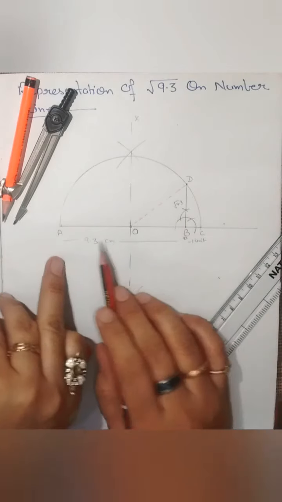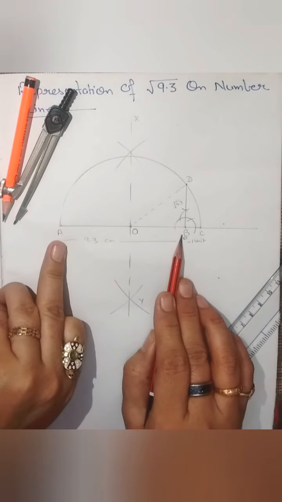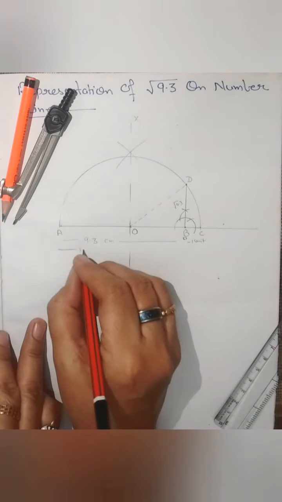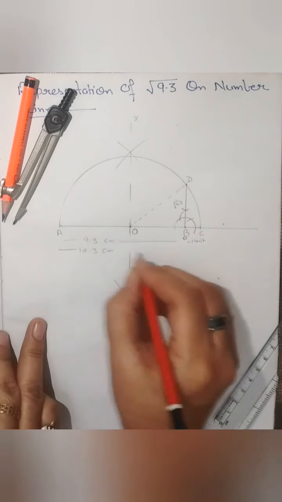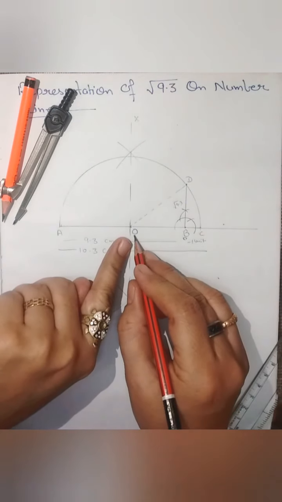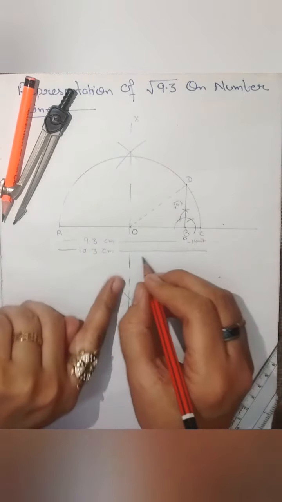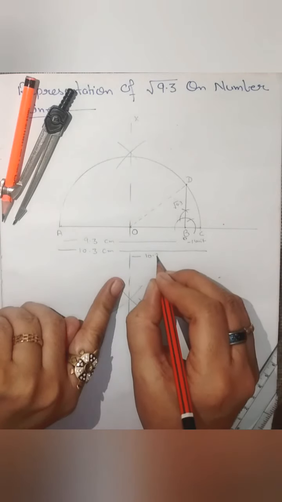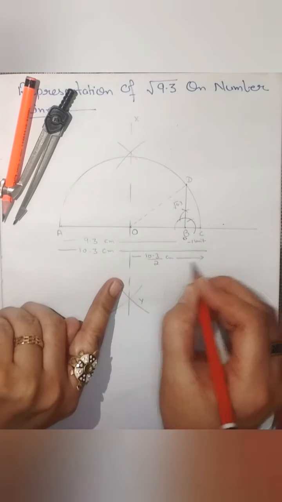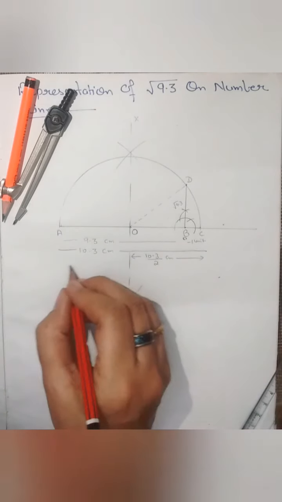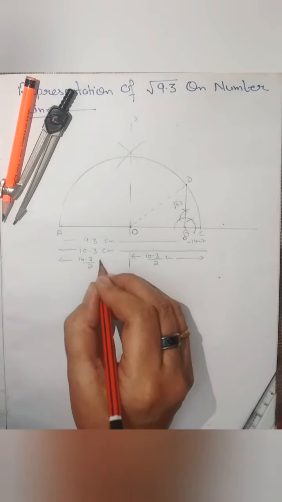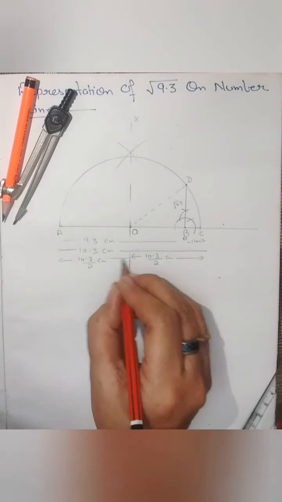As you can see, this total is 9.3. This is 1 unit, AC. AC will be equal to 10.3 centimeter. Now as O is the midpoint of AC, it means OC will be equal to 10.3 upon 2 centimeter. Same way OA will also be equal to 10.3 upon 2 centimeter.